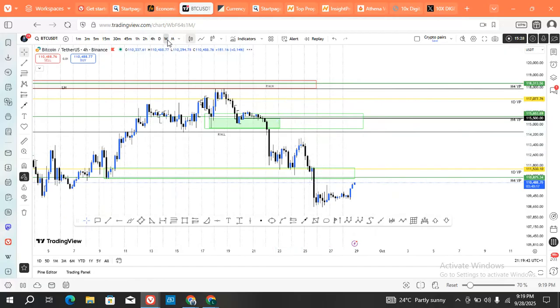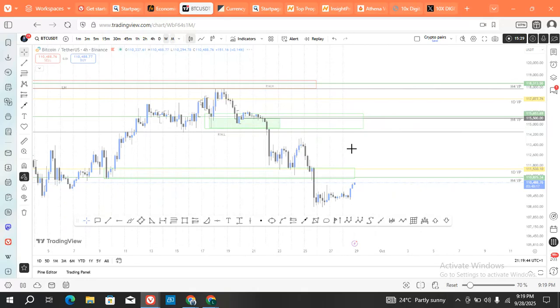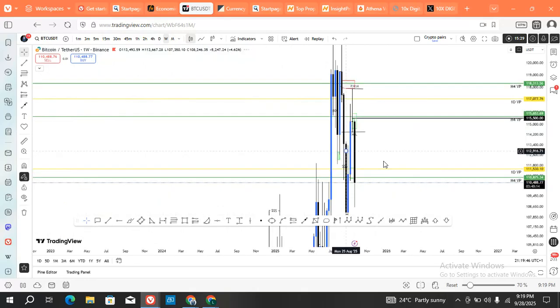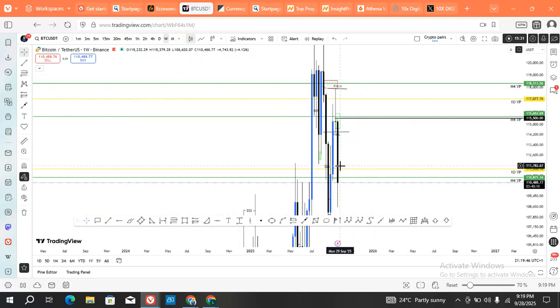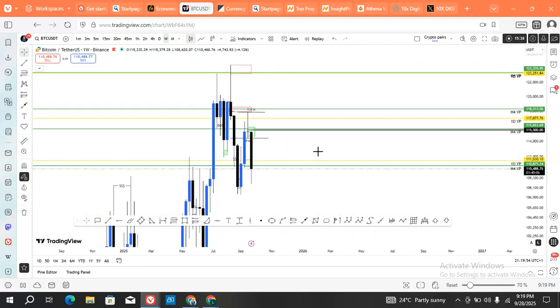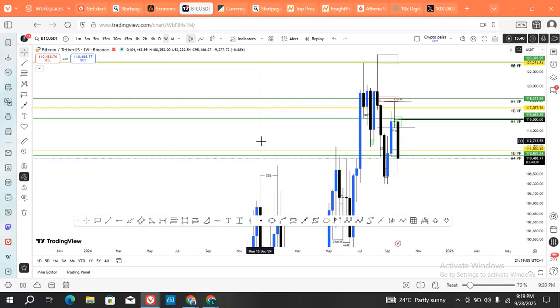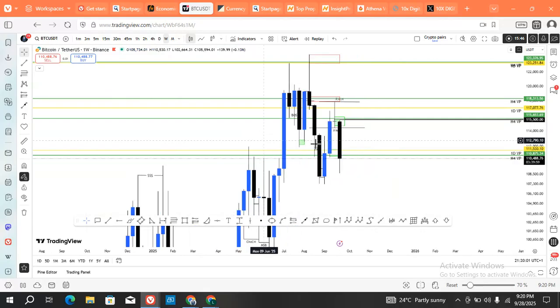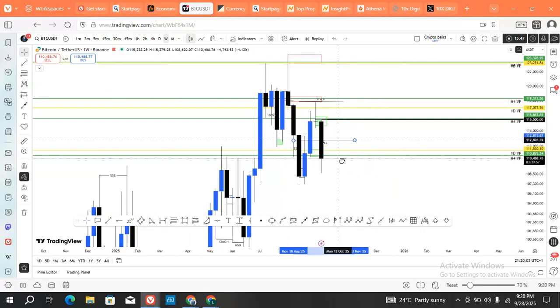Let's go to the weekly time frame. This is the previous week low over here, and this is the previous week high over here.